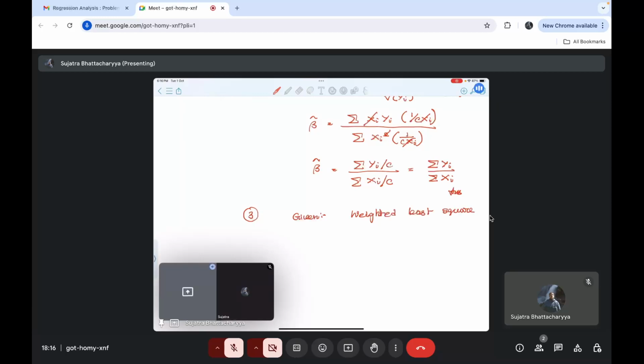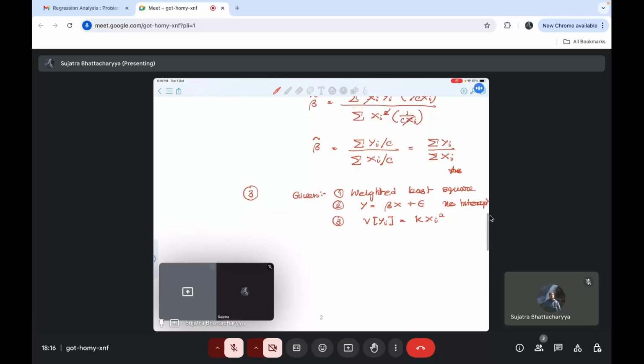Number two is that it is a no intercept model, so it is beta x plus epsilon, no intercept. And it is also given that variance of yi is actually k xi square, the square of the xi.